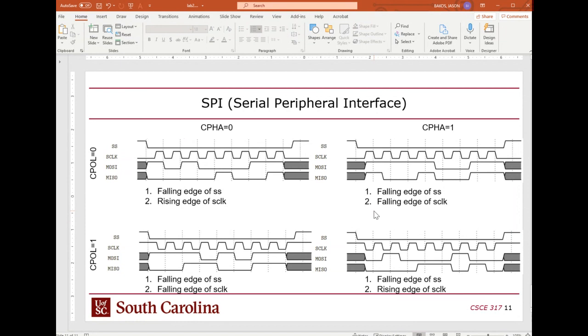When you think about how many bits to read during a transaction, you could base that on how many cycles slave select is low, or you could be counting multiples of 8.